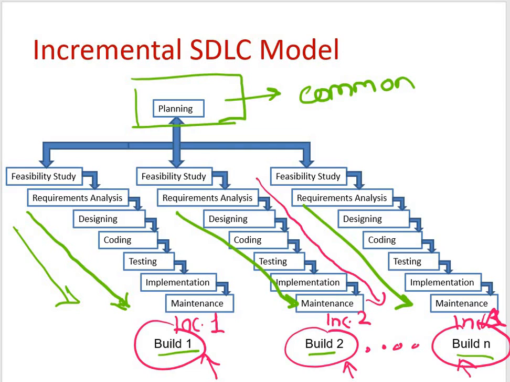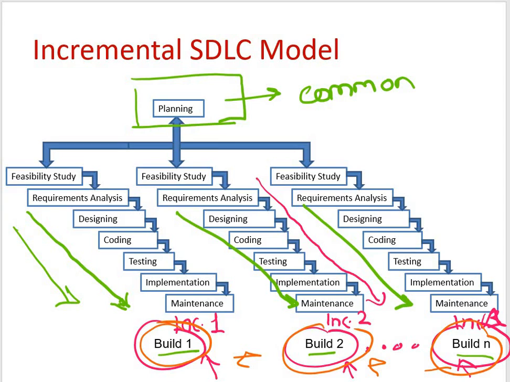Now, some of the basic characteristics of this is that the system development is broken down into many development projects. Just like these development projects, we have mini development projects. These partial systems are successively built to produce a final total system.